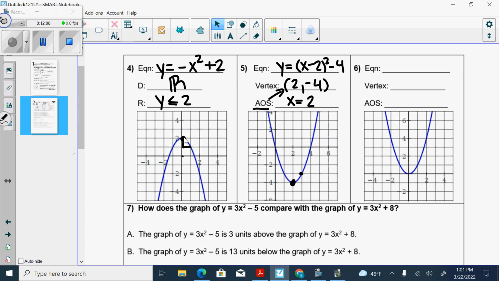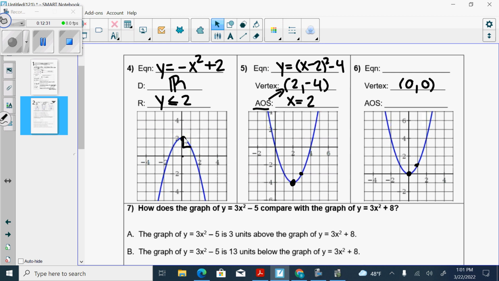All right, and then same thing for number 6. Where's my vertex on number 6? Very good. So that means it wasn't shifted left or right, and it wasn't shifted up or down. It's right there at 0, 0. So is it upside down? No. Do I have a 1, 1 check?